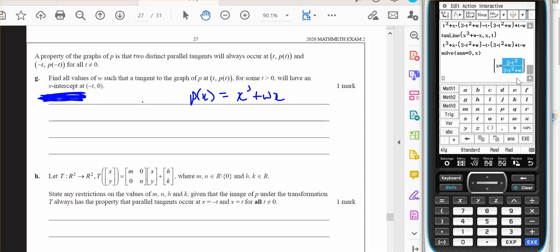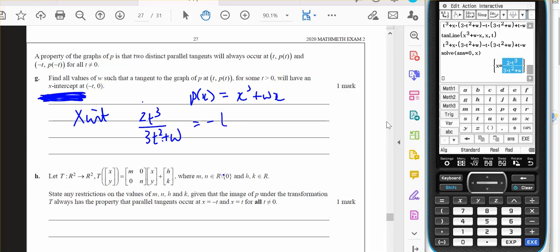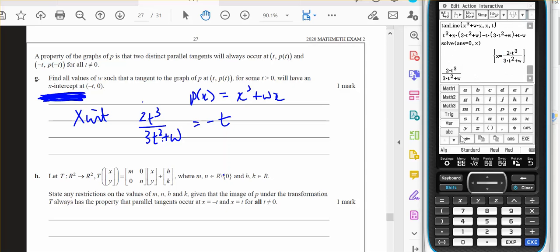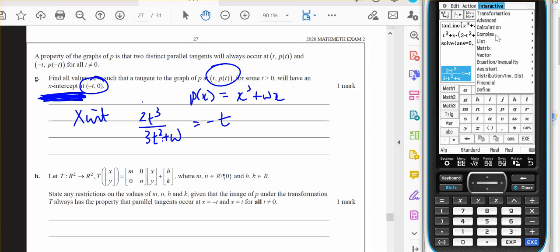Then that gives me an expression for the x-intercept, and that expression for the x-intercept is 2t cubed on top of 3t squared plus w, and if that equals minus t, I then solve for w. And it's going to equal minus t because we are saying that the tangents at those 2 points are going to be parallel and they'll have the same x-intercepts.